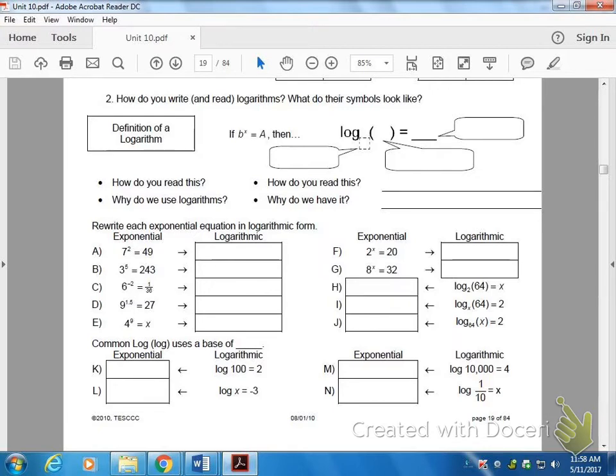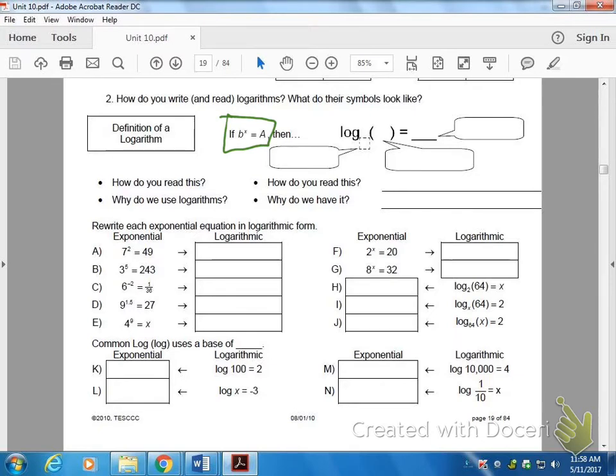So I'm going to take this right here. This is your exponential function, b to the x equals a. I'm going to take that and rewrite it as a log.